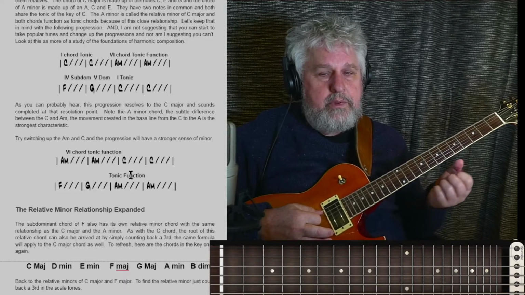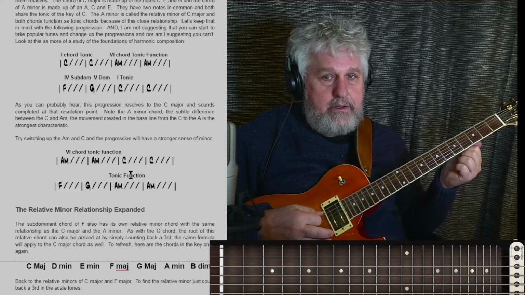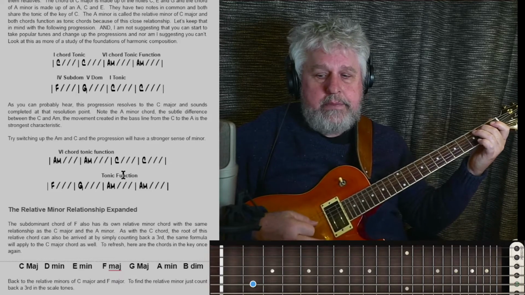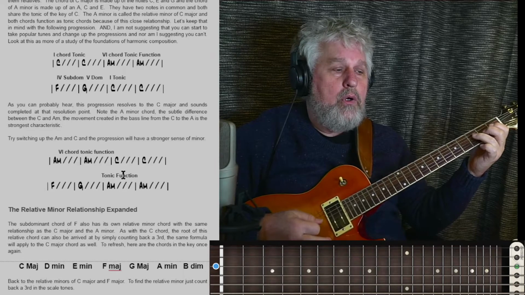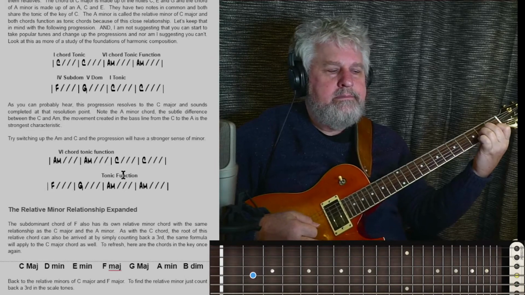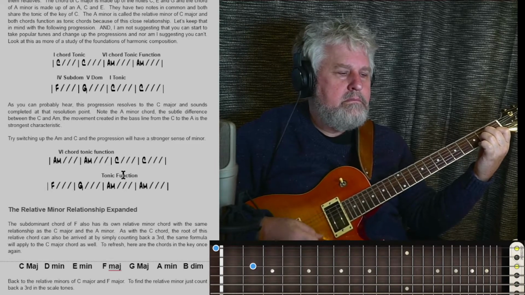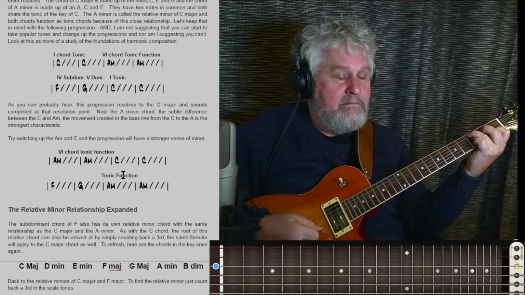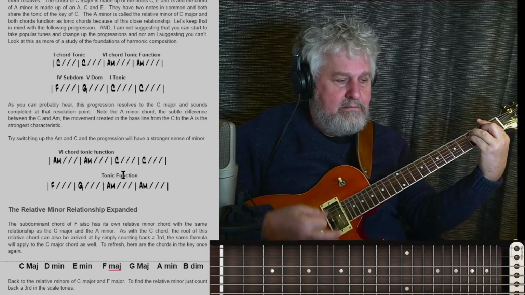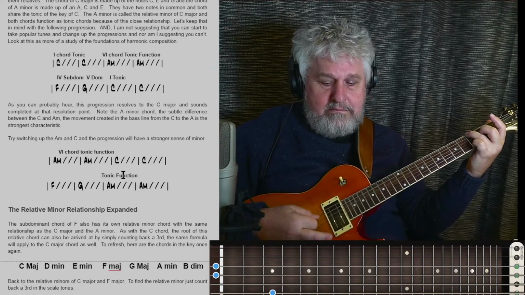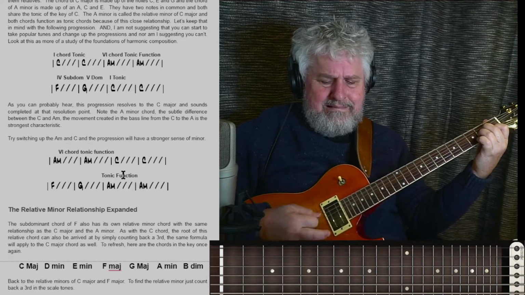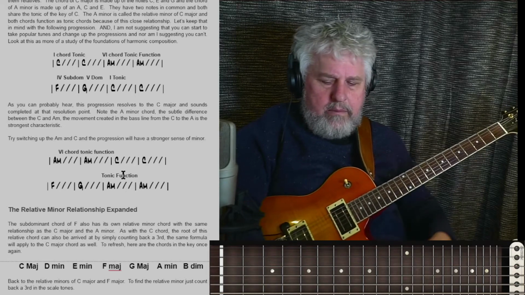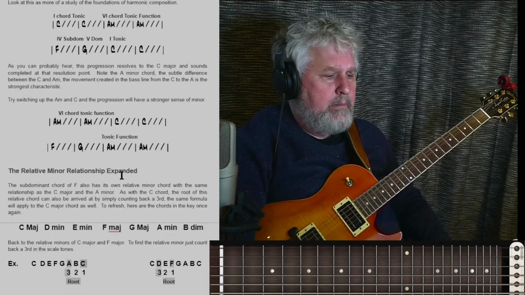When we start to imply the A minor as being the new one chord, in fact we're in the key of A minor, which uses all the same notes. So now I'm in the key of A minor.